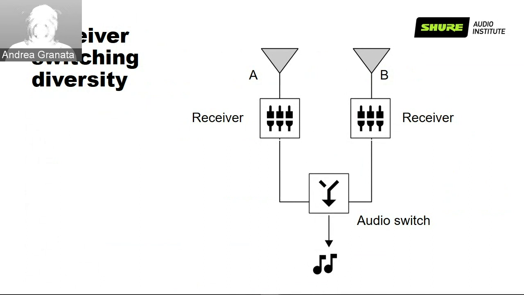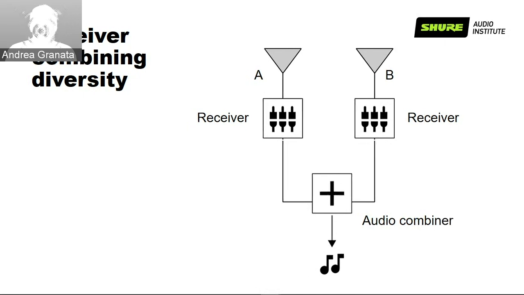In the old days, this type of diversity had some issues related to the noise of the switch, but in recent years we haven't seen this problem happening anymore, and this is a kind of efficient system.